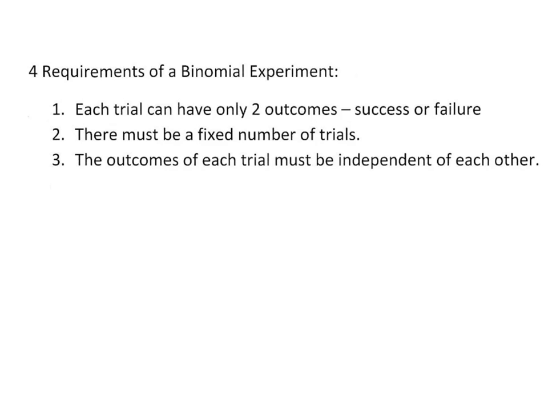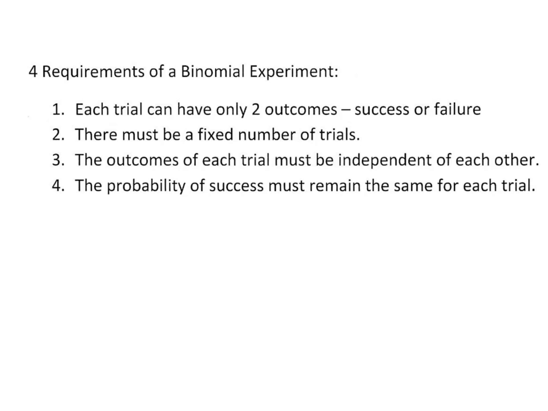The outcomes of each trial must be independent of each other. So what happens in trial 3 can't impact the probability of trial 7. Okay. So the outcomes must be independent of each other. And lastly, the probability of success must remain the same for each trial.